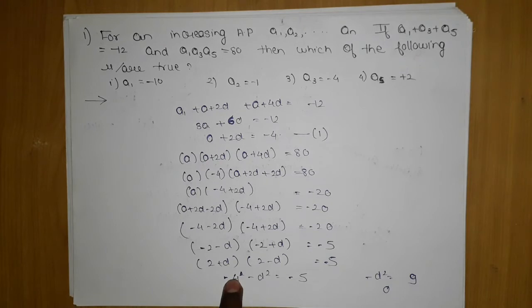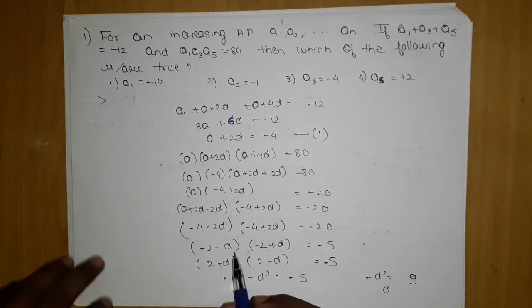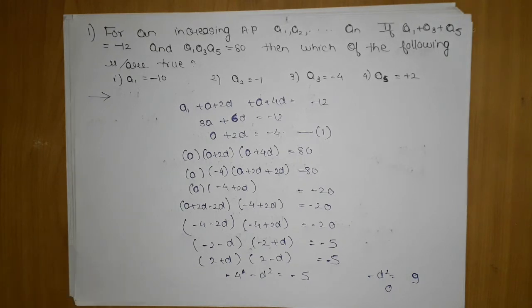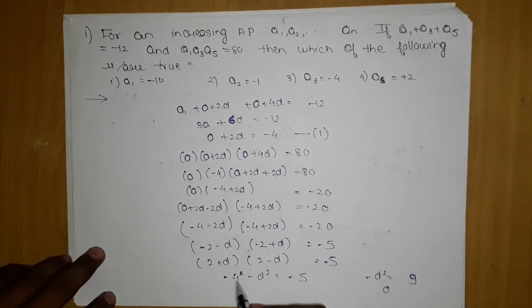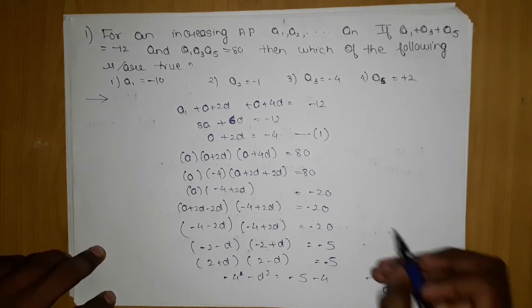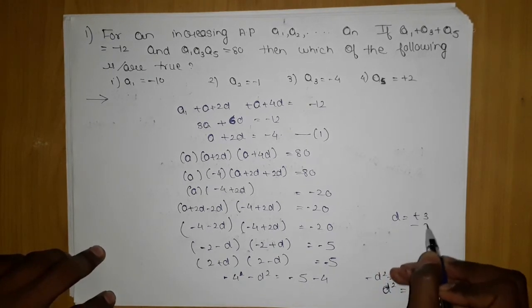I'm confused with the minus sign. We are making some mistake, that's for sure, otherwise our answer should have come correct. Okay, this should be 4, this is 4 square. If I move it, it will become minus 4, which will give me minus 9, right? So D square, minus minus will cancel, D square is equal to 9, giving me D is equal to plus 3 and minus 3.